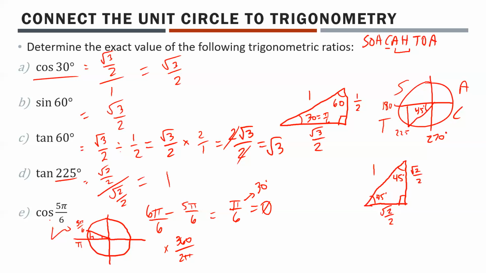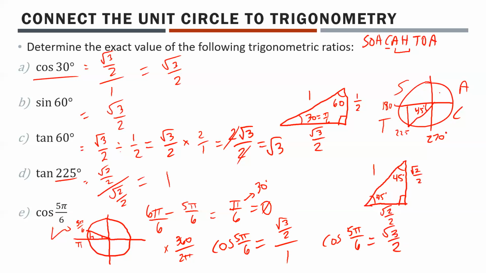Since we're looking for cosine of 5π/6, and that reference angle is π/6, of course, cosine is adjacent over hypotenuse. So cosine 5π/6 equals the adjacent side, which is √3/2, divided by our hypotenuse of 1. So cosine 5π/6 equals √3/2.